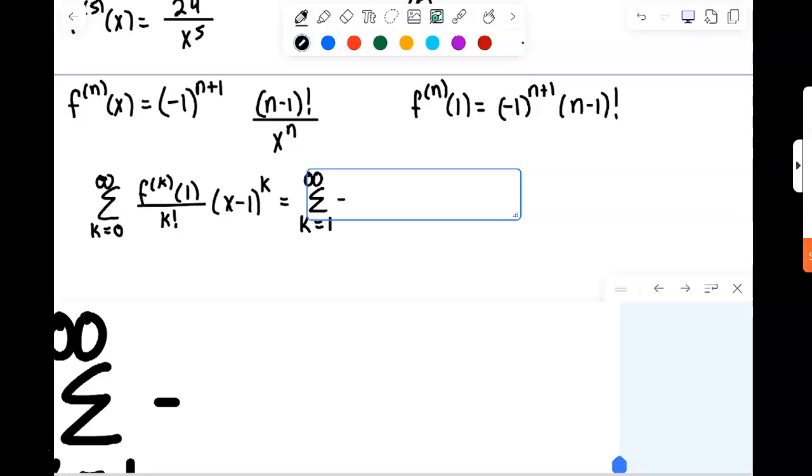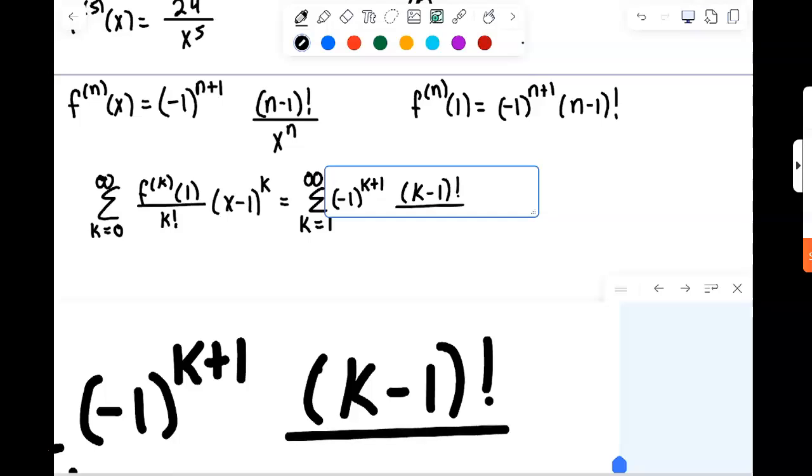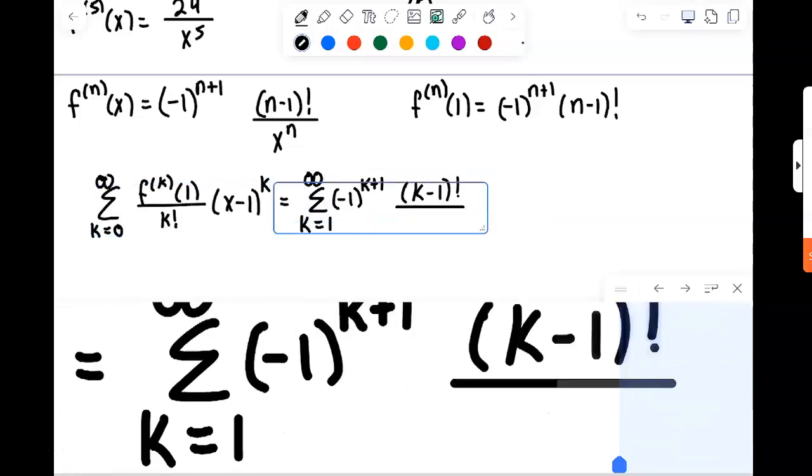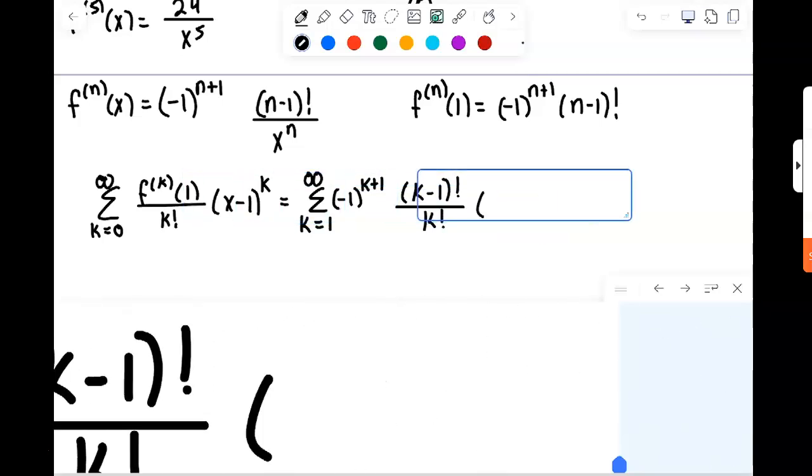So negative 1 to the k plus 1, times k minus 1 factorial, and then that's going to be over k factorial, and then x minus 1 to the k.